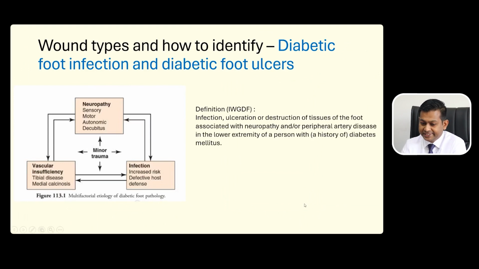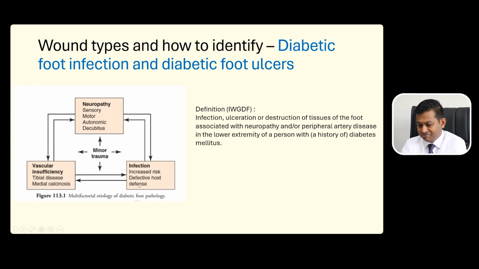So going back to the basics, when we talk about diabetic foot, we can't isolate it from neuropathy, vascular insufficiency, and infection. I would say these are the main three components. There is sensory neuropathy, motor neuropathy, autonomic neuropathy, and vascular insufficiency, macrovascular, that means the large below-the-knee vessels, or in the small vessels like the capillary levels.